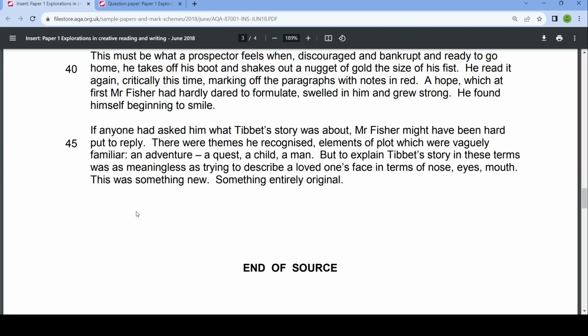Okay. Now notice here, there's no glossary, there's no dictionary. Sometimes they will give you a small glossary, just one or two words which are particularly difficult. But in this case, notice they haven't given you anything. So if there are words that you don't understand, you need to try and work them out.